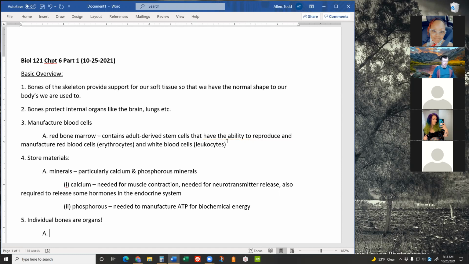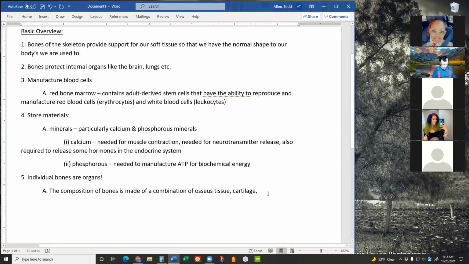So the composition of bones is a combination of osseous tissue, cartilage, dense connective tissue, epithelium, and nervous tissue.